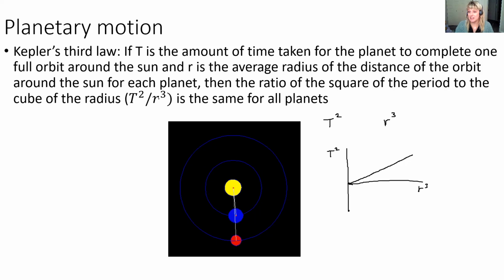It has to be the same ratio as it is for the period squared over r cubed for Jupiter. It's the same for all planets. T squared over r cubed for Jupiter, for example, is the same ratio as T squared over r cubed for Earth. They all have the same ratio.